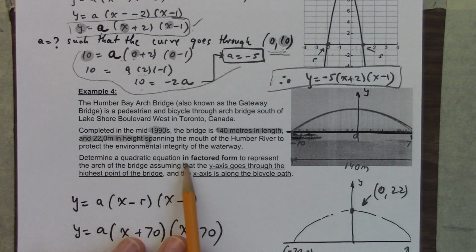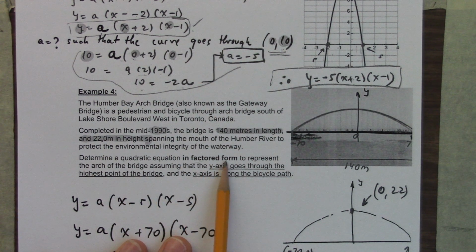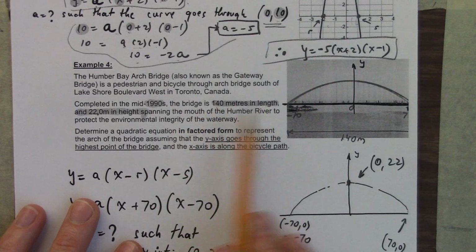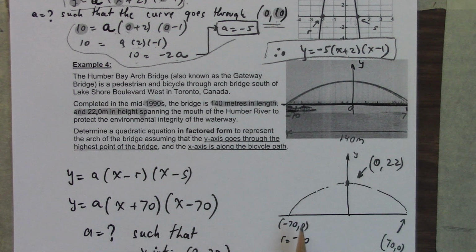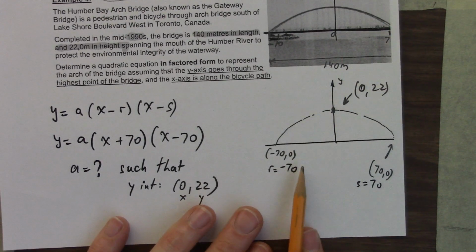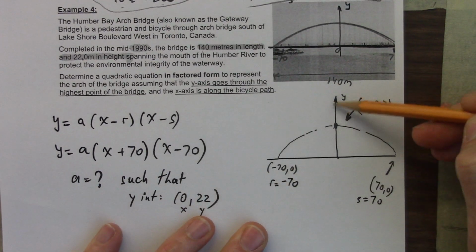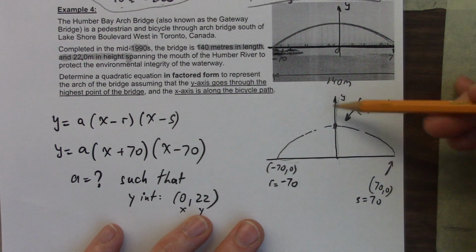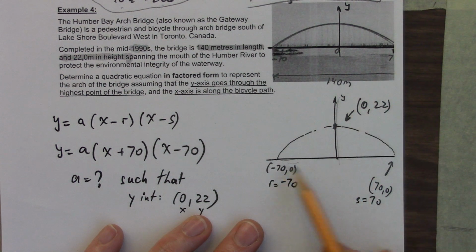Determine a quadratic equation in factored form to represent the arch of the bridge. So we know that the total length is 140. If we want to create our formula here, we can put our axis wherever we want. We're going to say the axis is right in the middle, and we know it's 140 total.